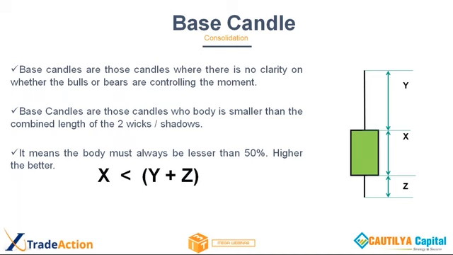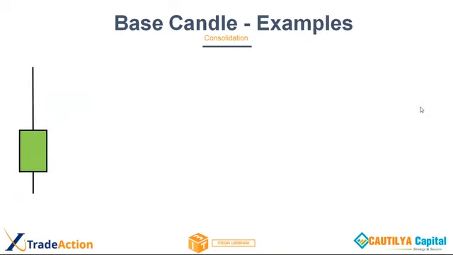Can you understand this? It's very crystal clear. So x is less than y plus z combined, where y plus z are the wicks on the upper and lower side of the candle. Now let me take you to the next examples. It's a beautiful base candle which we already saw. How about this one? Remember, friends, whenever you are talking about base candles, you should not worry about the color of the candle.